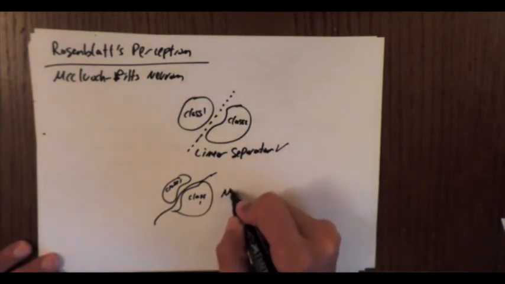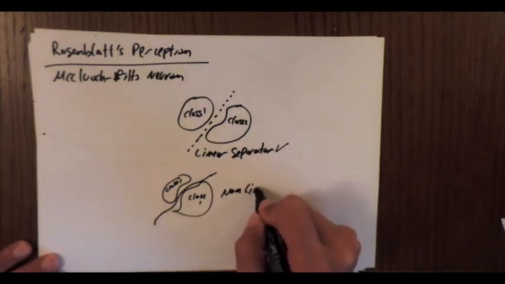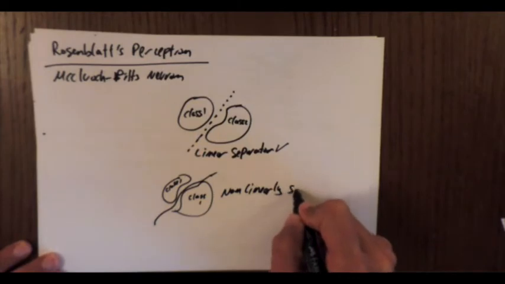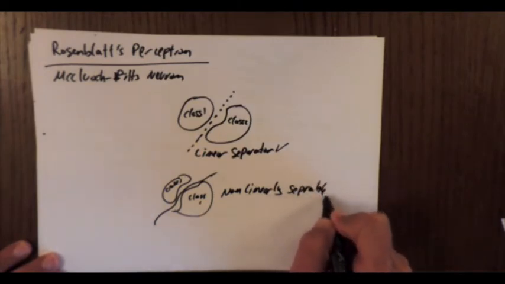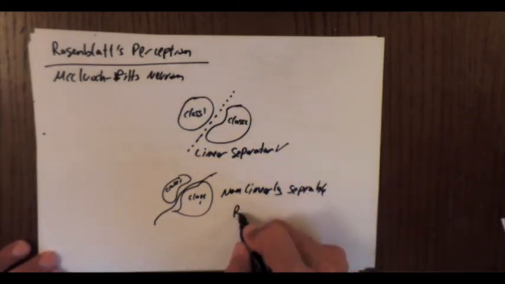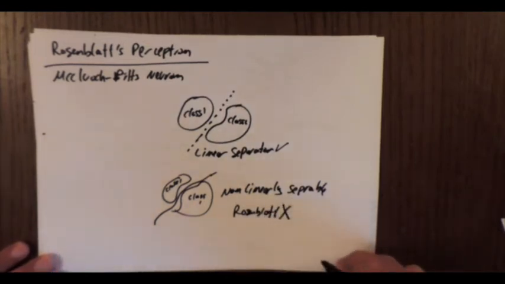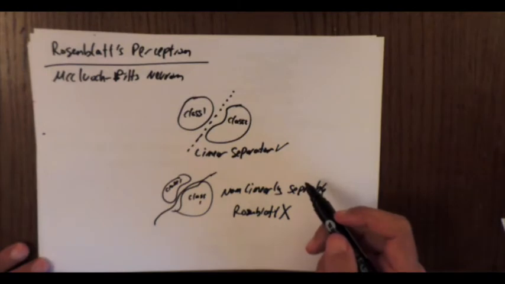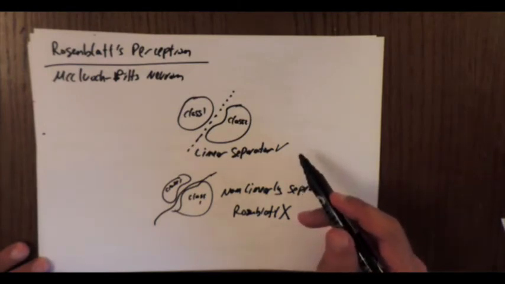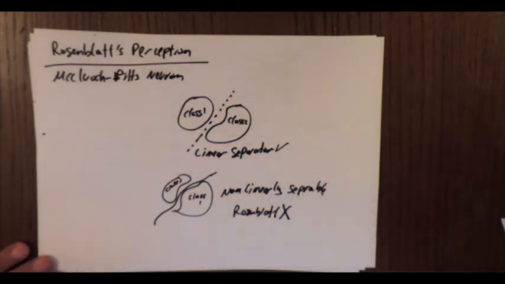So this is non-linearly separable, and in this case Rosenblatt cannot be used because my classes are not linearly separable. Of course, I need to know a little bit about my problem before using the specific neural model that I want to use.